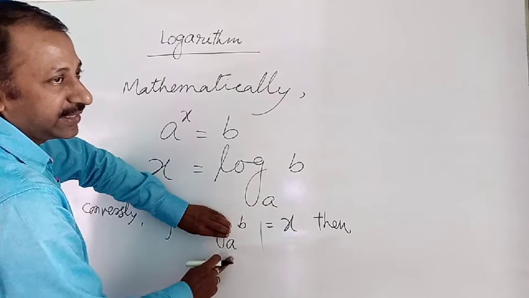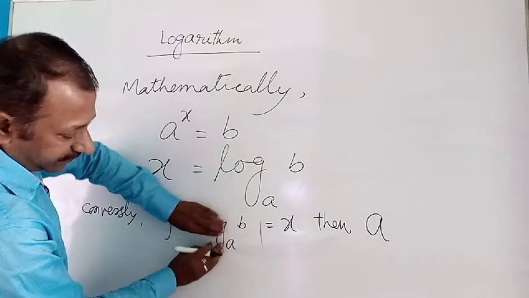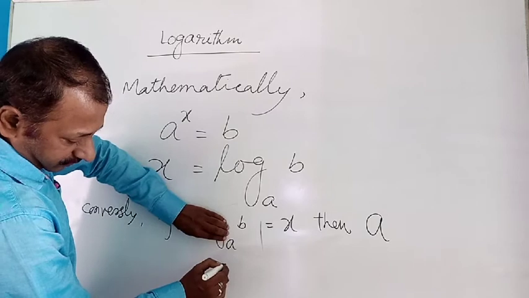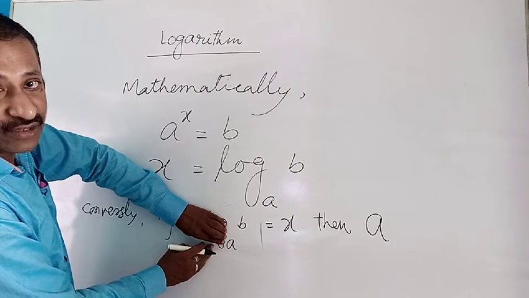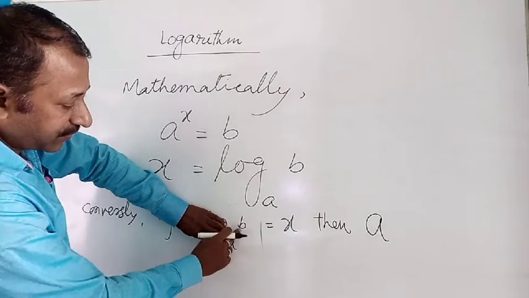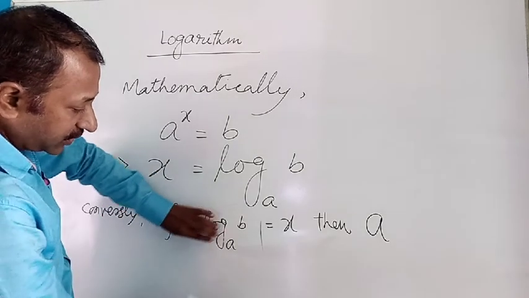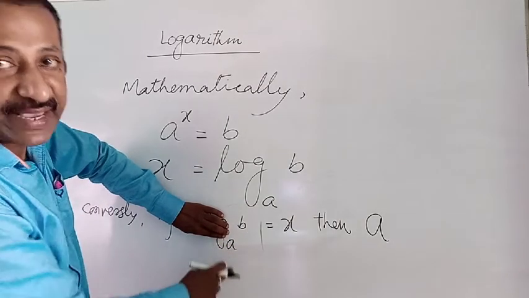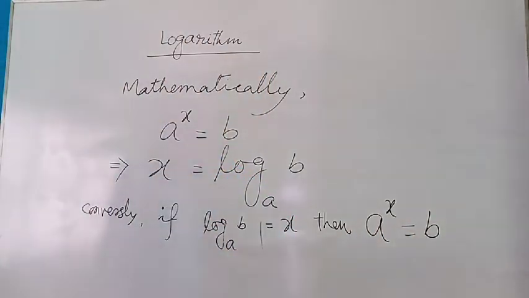Base will remain in its place, base a to the power b, it seems a to the power b equal to x. If you just ignore this log here, it seems that a to the power b equal to x. Is it not? Now while you remove log, then these two numbers will shift. A will be in its place as base. So a to the power x will be equal to b. I hope you have understood it.